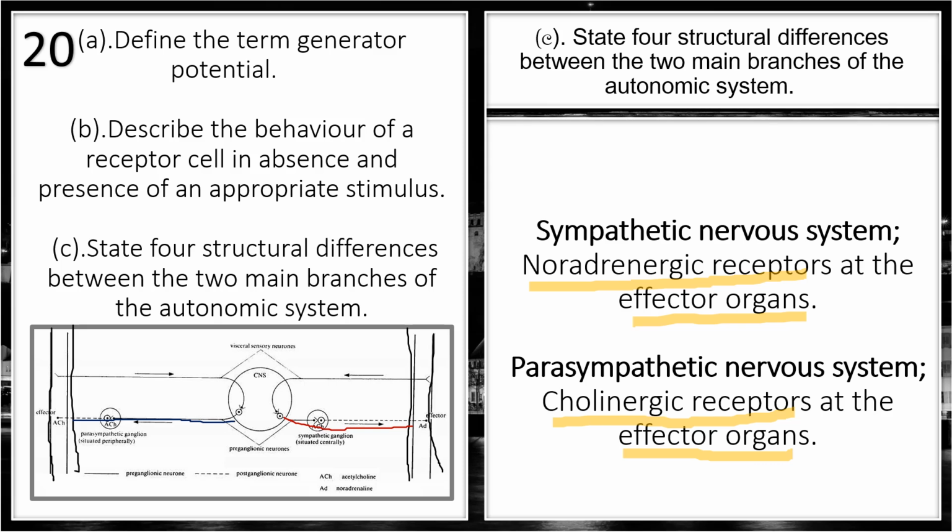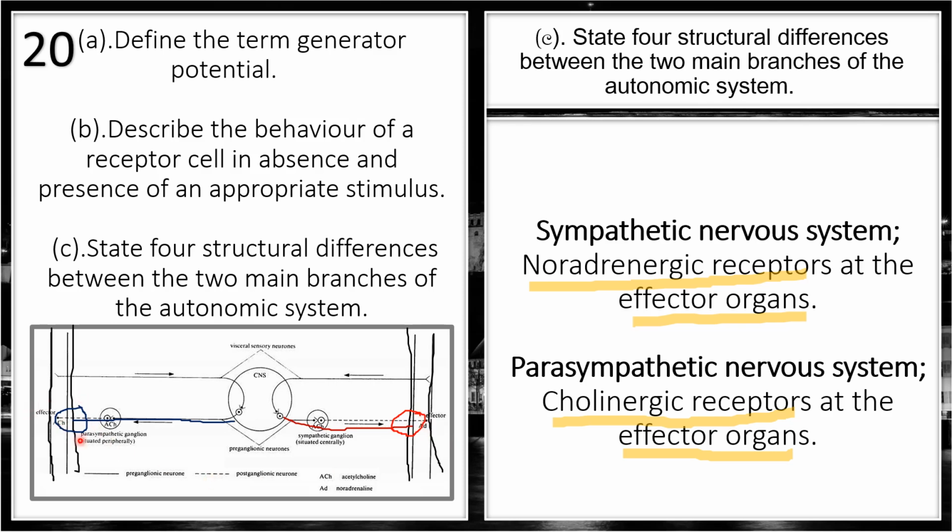Now, at the point where they communicate with the effectors, their synapse, for the sympathetic synapse here, it releases a transmitter substance called noradrenaline. So the receptors in the effectors will receive noradrenaline, so they refer to them as noradrenergic receptors.